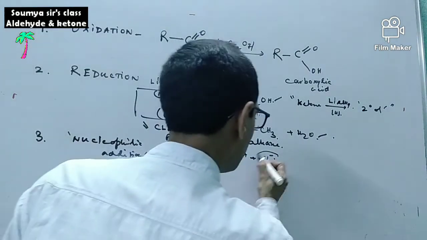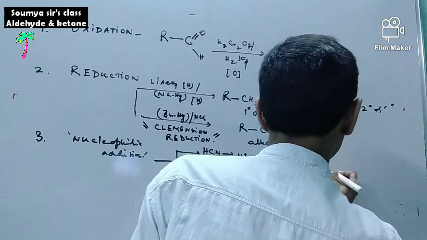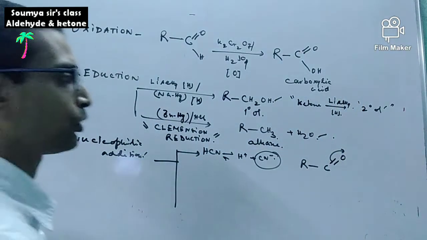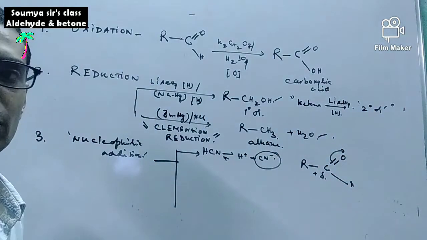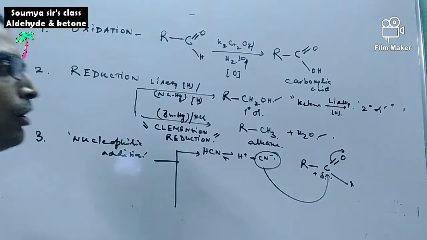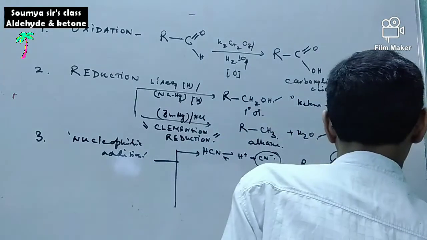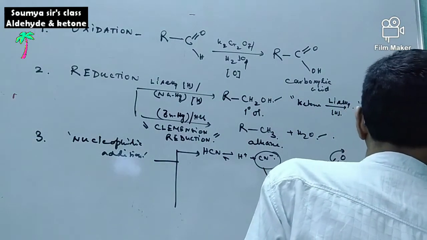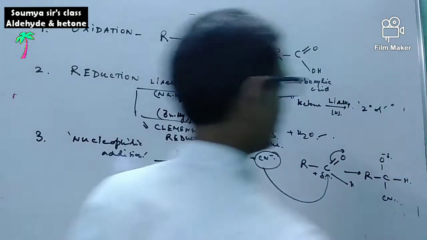The CN minus, being a nucleophile, will attack. Under resonance the electron comes to oxygen, and the carbon gets a positive charge. The CN minus attacks this positive carbon and forms RCCN, the H remains intact, and the O carries a negative charge.